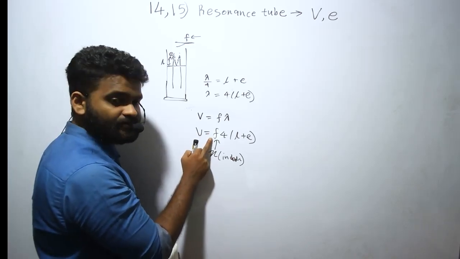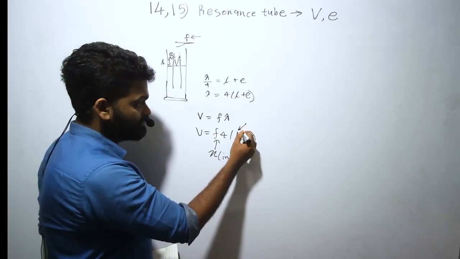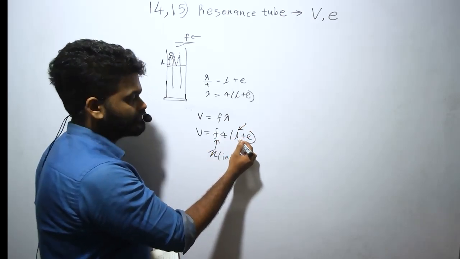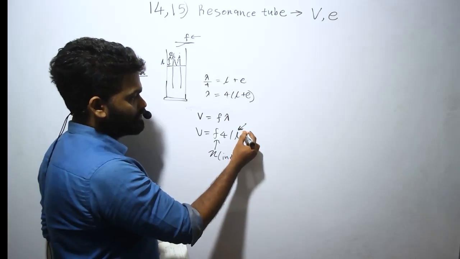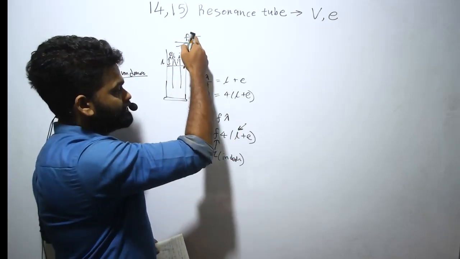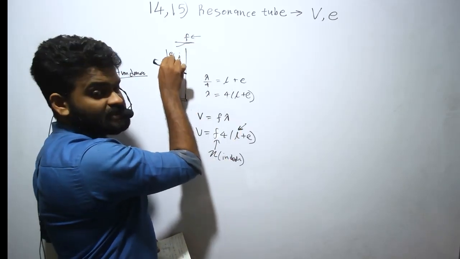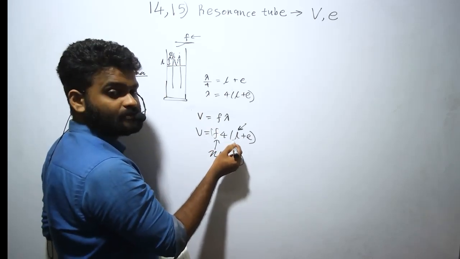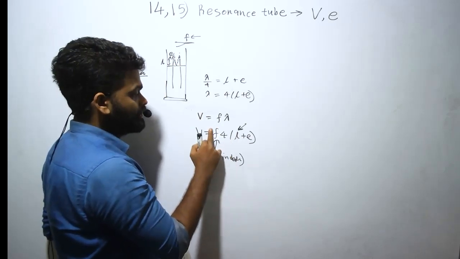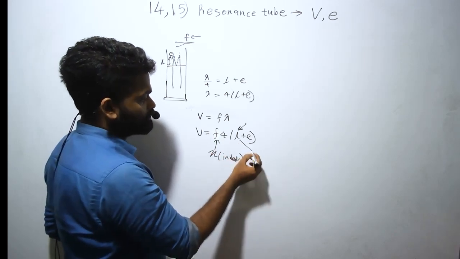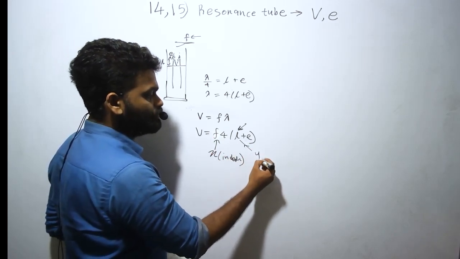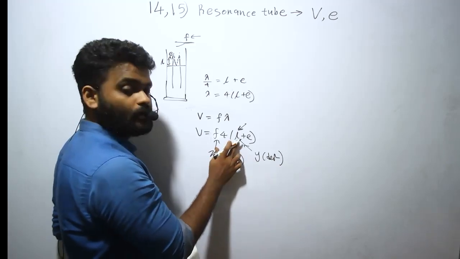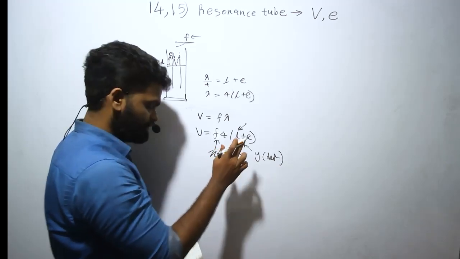The length depends on the frequency. When the frequency of the forks increases, this length becomes less, right? So this L is related to y. y is the dependent variable. So you have to make L the subject, right?